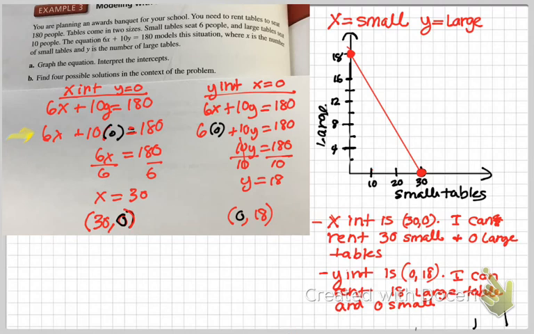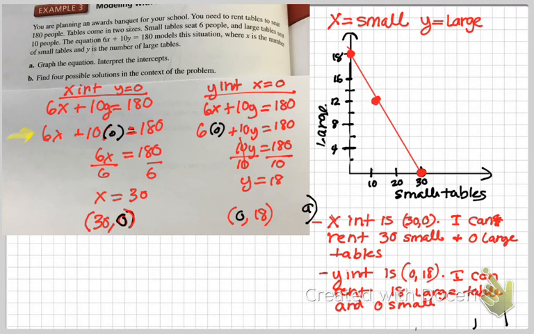The next part says find 4 possible solutions in the context of the problem. Now part B, that was part A over here, says find 4 possible solutions in the context of the problem. Really I can use my graph to do that. I'm looking for where the boxes intersect. If I go to 20 small, I have 2 possibilities.